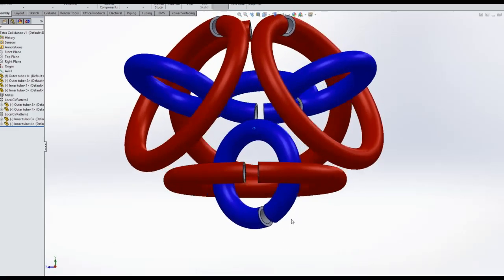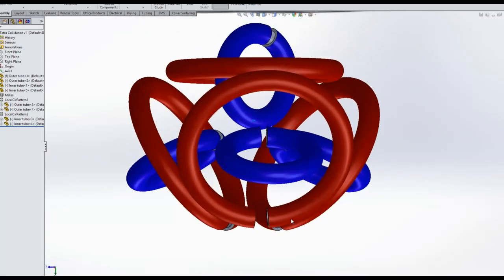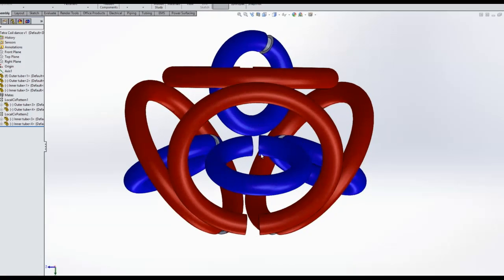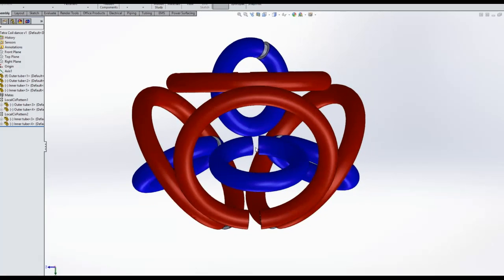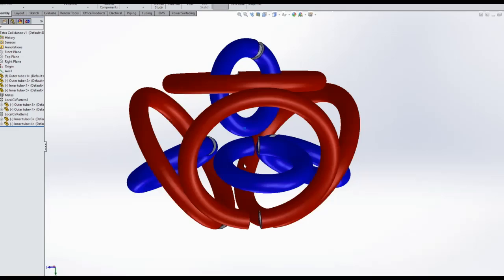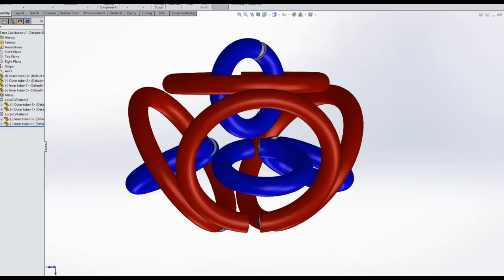It doesn't really matter. You could put it upside down because the fields are going to interfere the same way no matter which way it's oriented. It's just where the gravitational focus and magnetic focus are would be flipped upside down. So if that matters, then you would orient it one way or the other.